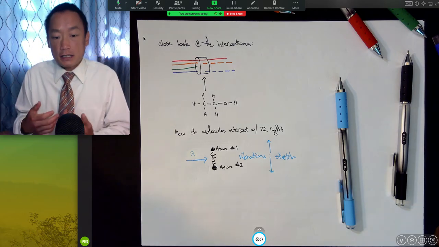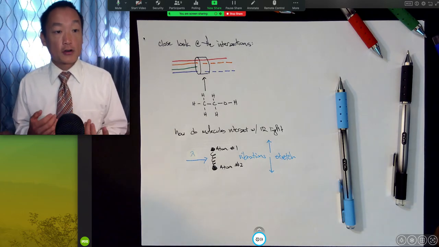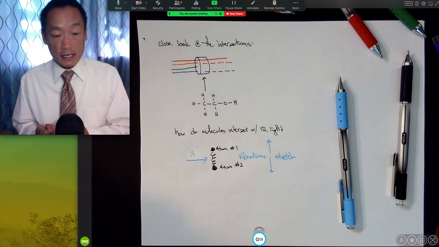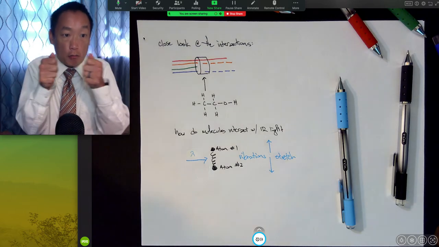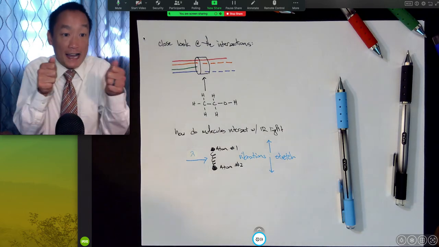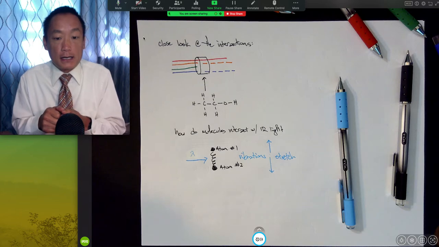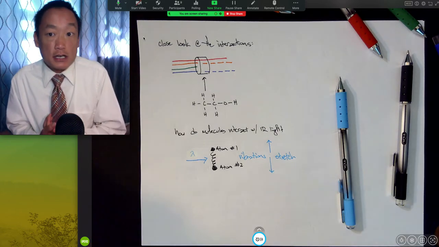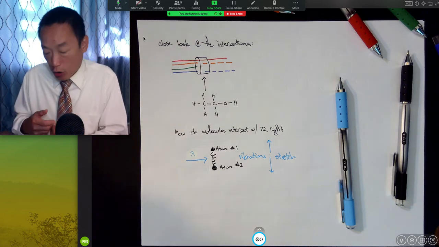And the idea is that energy is either proportionally and quantifiably translated into some type of molecular motion, of which a stretch is one idea, then if it's the right energy, you will see some of those interactions taking place and that molecular motion occurring.